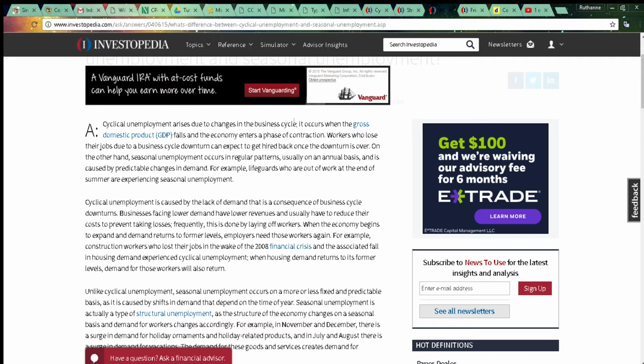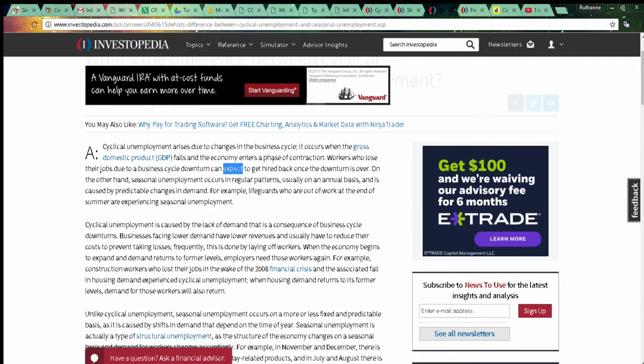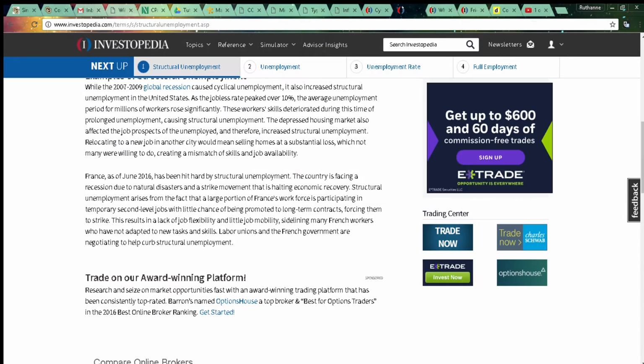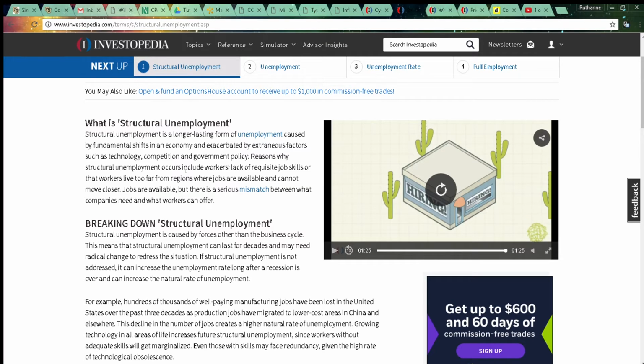Cyclical occurs when the GDP falls and the economy enters a phase of contraction. So again, contraction meaning that there's an expectation that it's going to expand again. Again, the big word here is expect or expectation: they lose their jobs in a downturn, but they know that given enough time, there will be more jobs. Whereas with structural unemployment, as we talked about, it isn't a result of a cycle and it is a longer lasting form of unemployment.